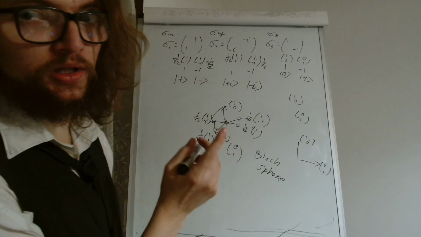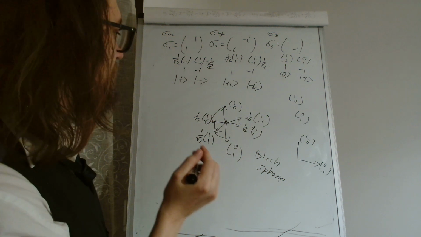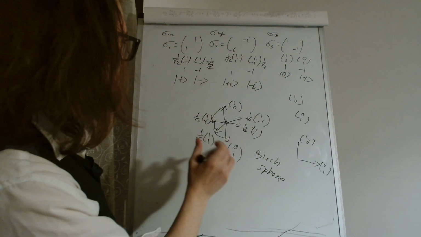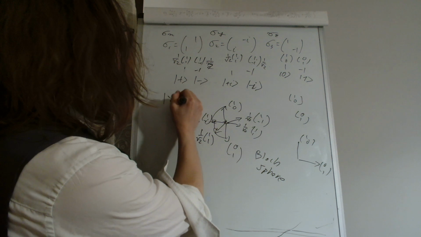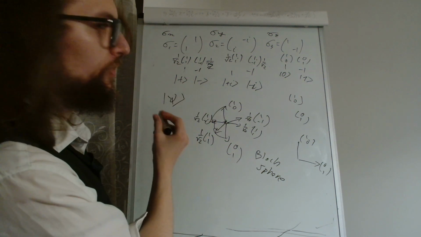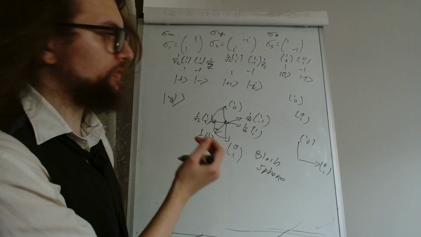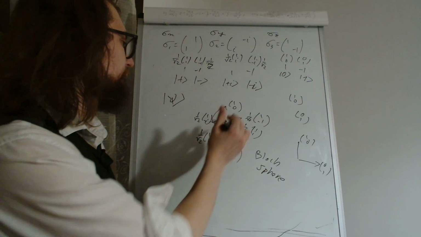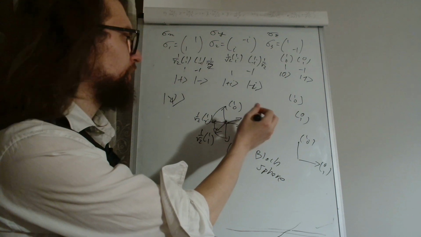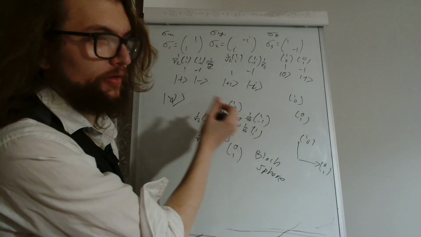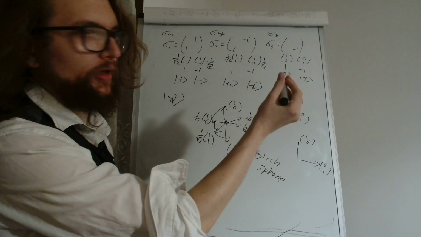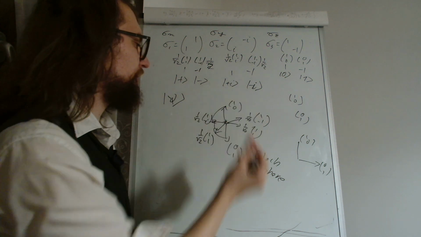And any point on the surface of this sphere represents a state psi with norm equal to 1. If the magnitude is different from 1, then you are inside the sphere if it is less than 1, and outside the sphere if it is more than 1.